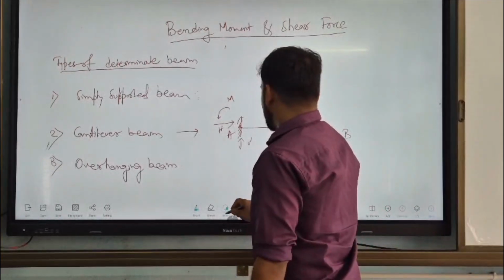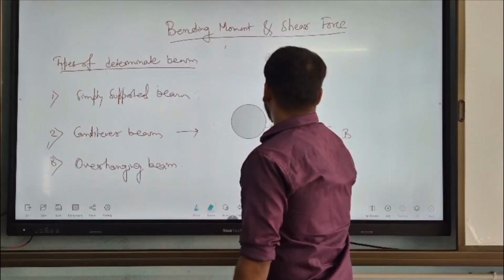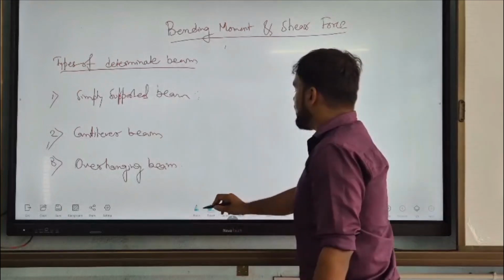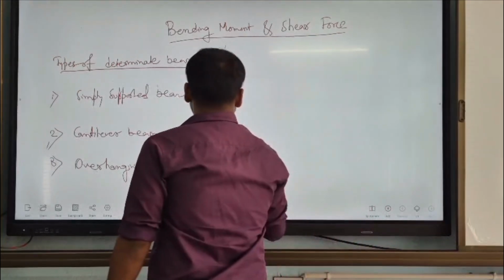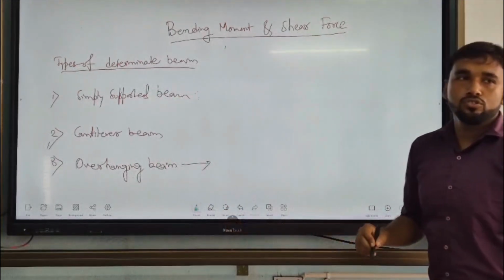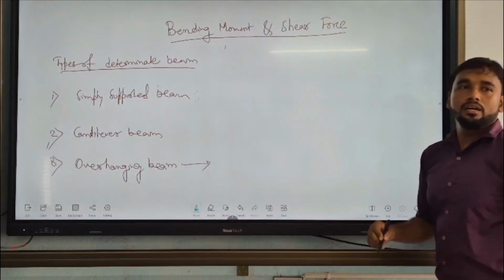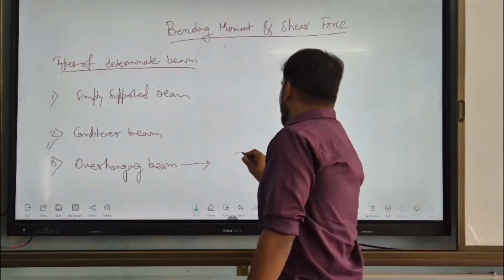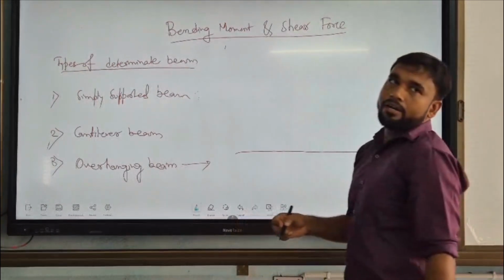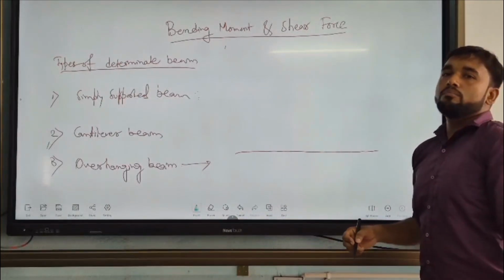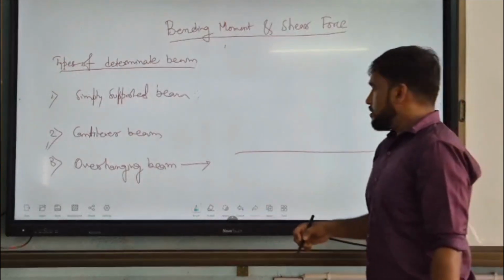Then come to the overhanging beam. Anyone, what is an overhanging beam? An overhanging beam is one which is extended beyond the supports.